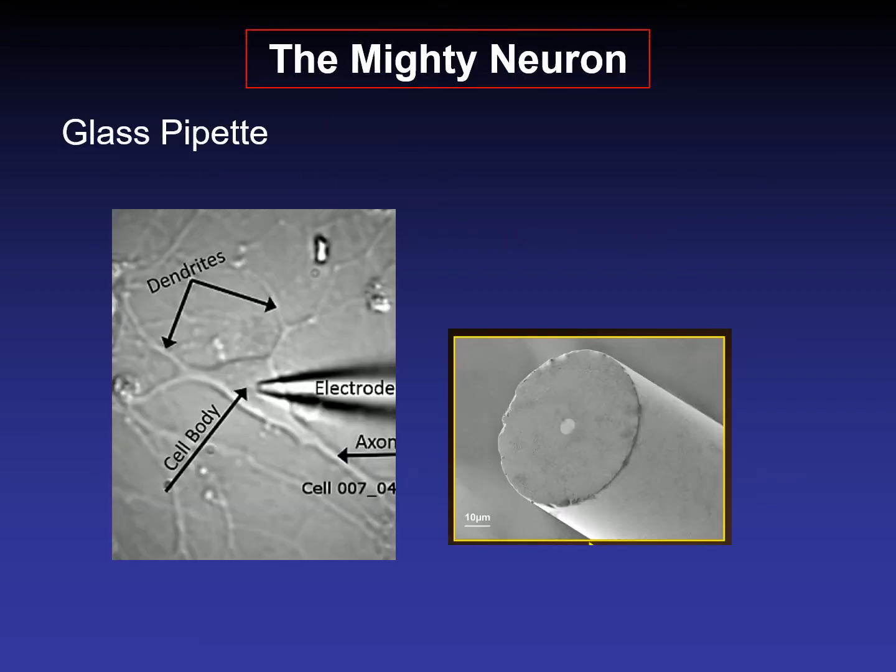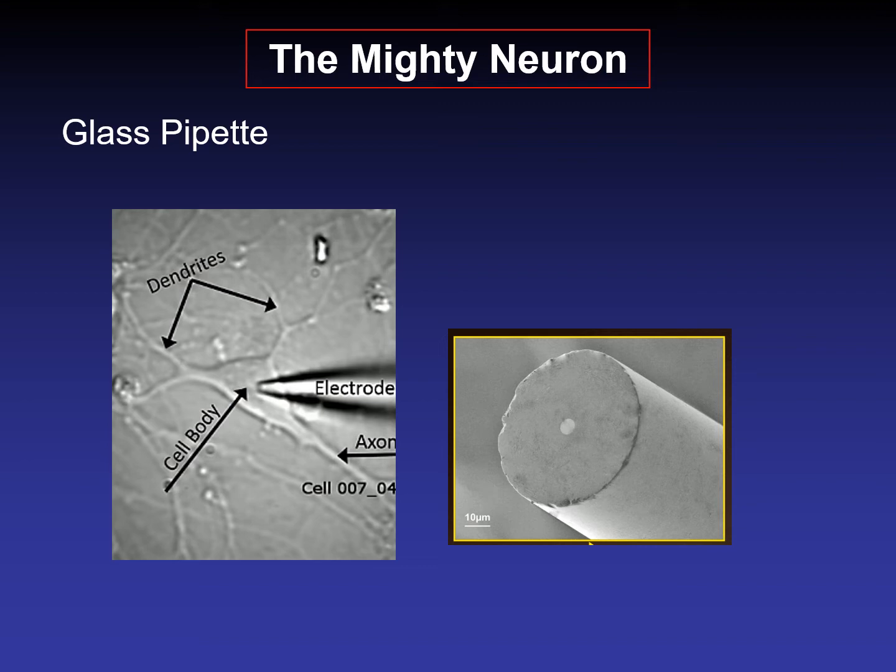Now let's discuss how we record action potentials and resting potentials and so forth in the neuron. This is done through a technology that uses a glass pipette. Pipette is French for small pipe. So these are tiny tubes that are made to penetrate the cell membrane without destroying the cell membrane.